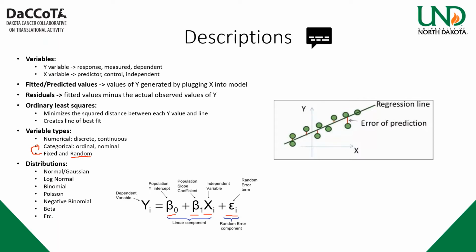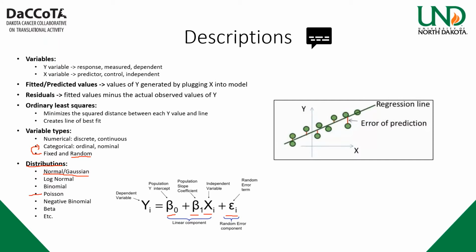And then finally, just keep in mind this idea of distributions. Basic regression, like I talked about, assumes a normal distribution, but we don't necessarily need to keep regression to just that. There are a lot of other distributions that data might fit, and we can actually run different types of regression with those distributions.